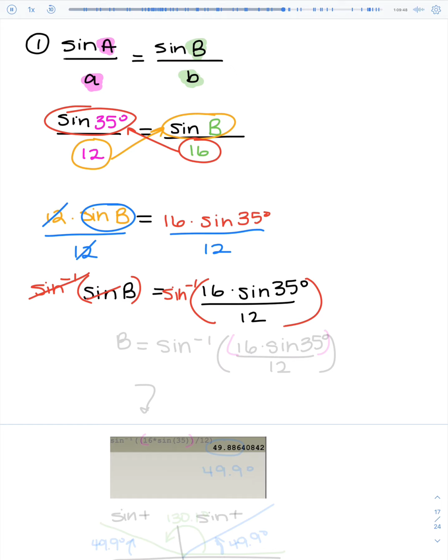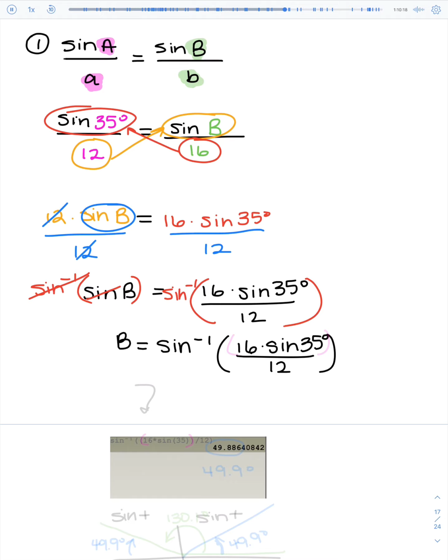That will get rid of the sine and leave us with angle B now equals inverse sine of 16 times sine of 35 degrees all over 12. And as a reminder, you need to be in degree mode when we do this in your calculator. That also means that your answer will end up in degrees, which is fine because our other angle is in degrees. They're probably going to want degrees.